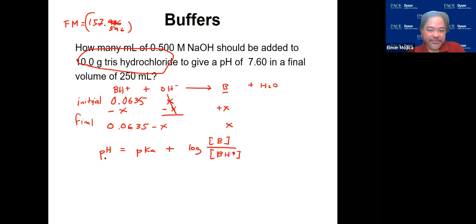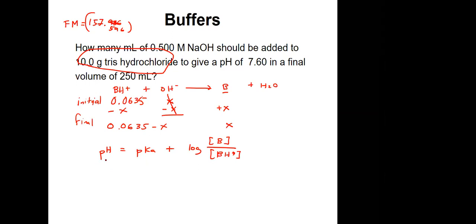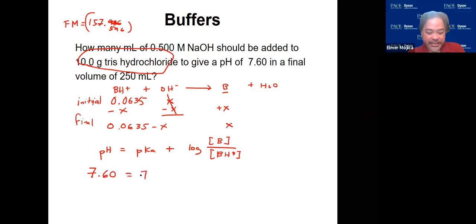So what's the pH? 7.6. Okay, so you have 7.60. And the pKa is the one that we used in the previous problem, the same buffer system.